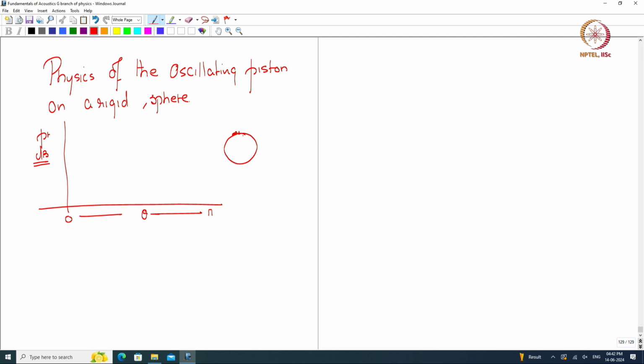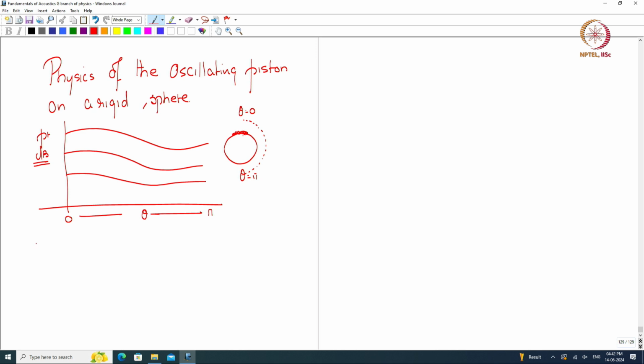I said this region is the radiator part, theta equal to 0, theta equal to pi. At some distance, let us say r equal to 1, we are looking at the sound pressure in decibels and trying to figure out what is the behavior, why we have dips, why the amplitude goes up, etc. We did that last time.